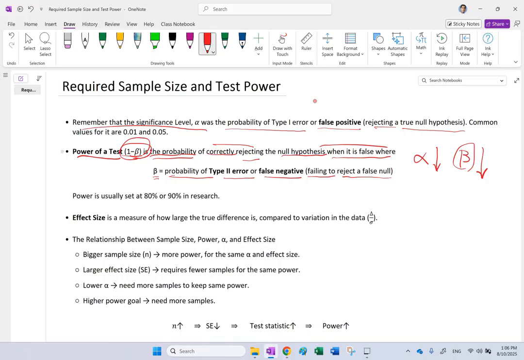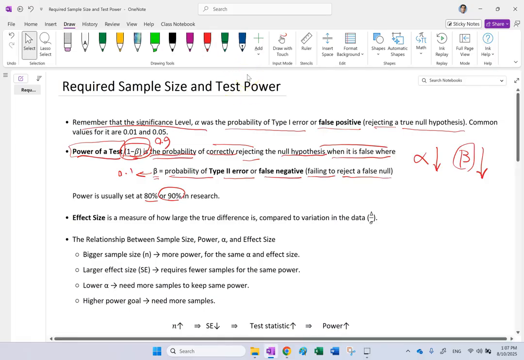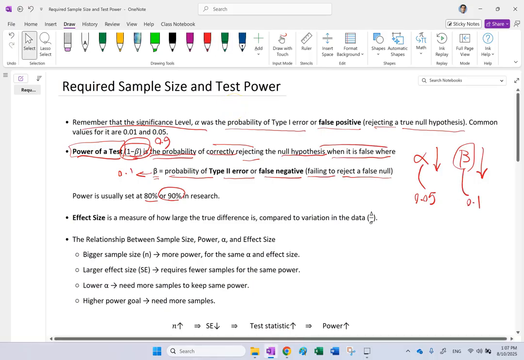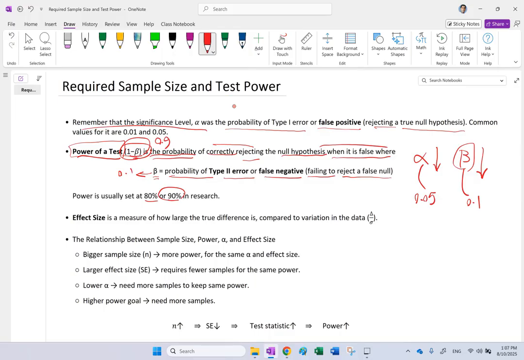So what numbers are desirable for power of a test? Numbers like 80 or 90%. Most of the time, 90% is the power of the test, which means your beta is only 0.1, so your power of the test is 0.9. So if you go with alpha of 0.05 and beta of 0.1, that means only a 5% chance of type 1 error and only a 10% chance of type 2 error.